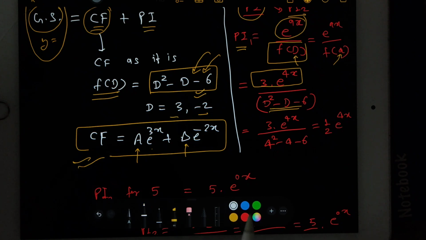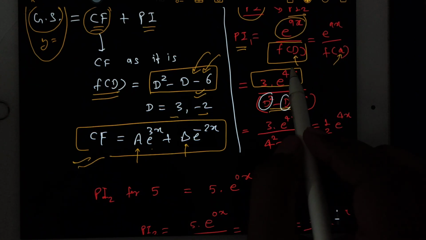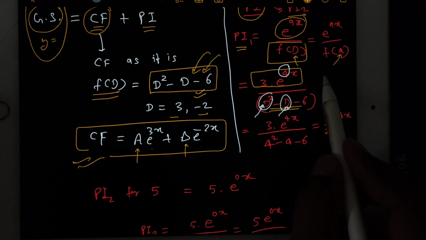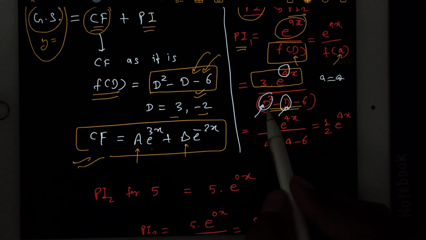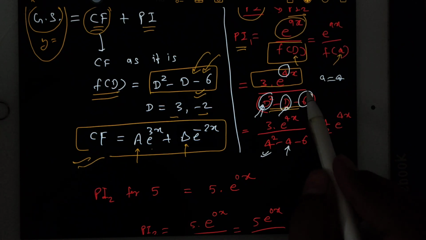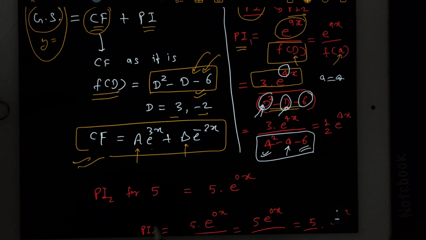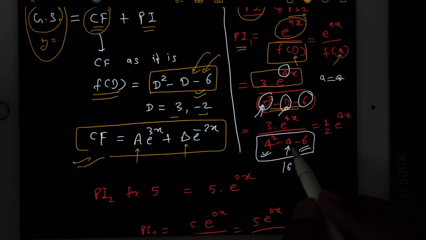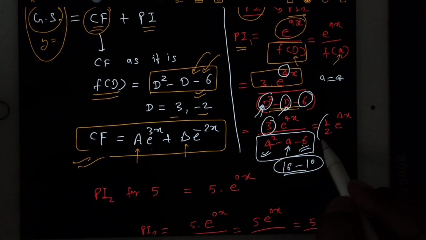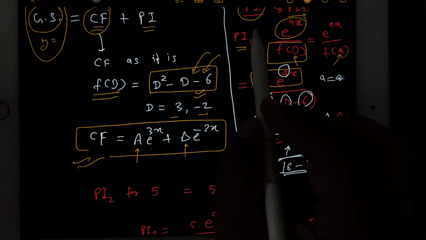Substitute a equal to 4 in this question. So d square will become 4 square, d will become 4, and minus 6 is as it is. When you solve this, 6 will come, because 4 square is 16, minus 4 and 6 becomes 10, so 6 will come. So this 3 and this 6 you cancel, 1 by 2 will come, and e power 4x as it is. So this became your PI1.